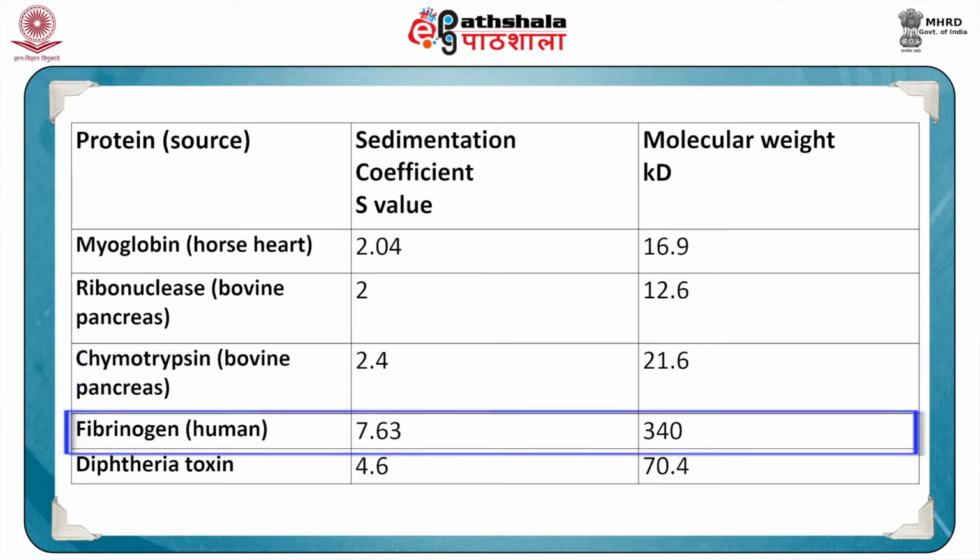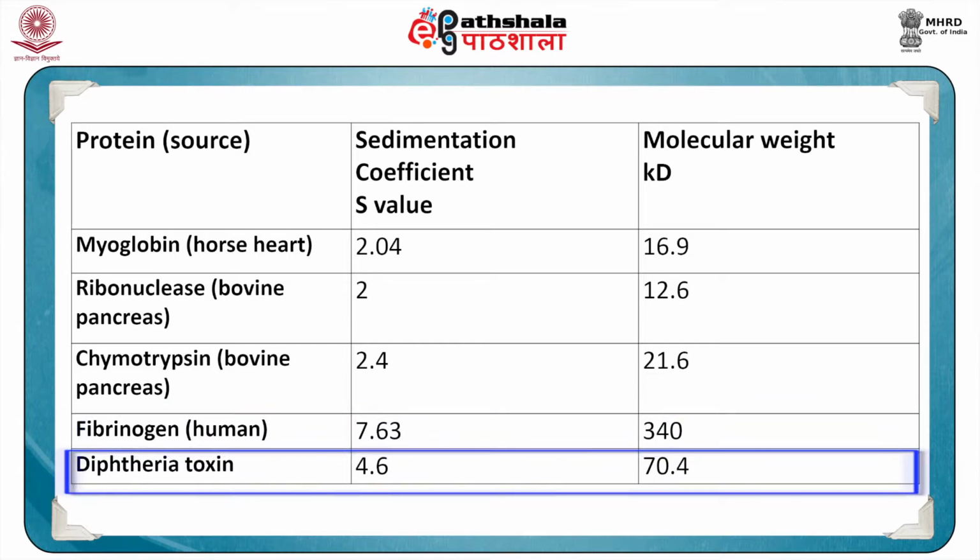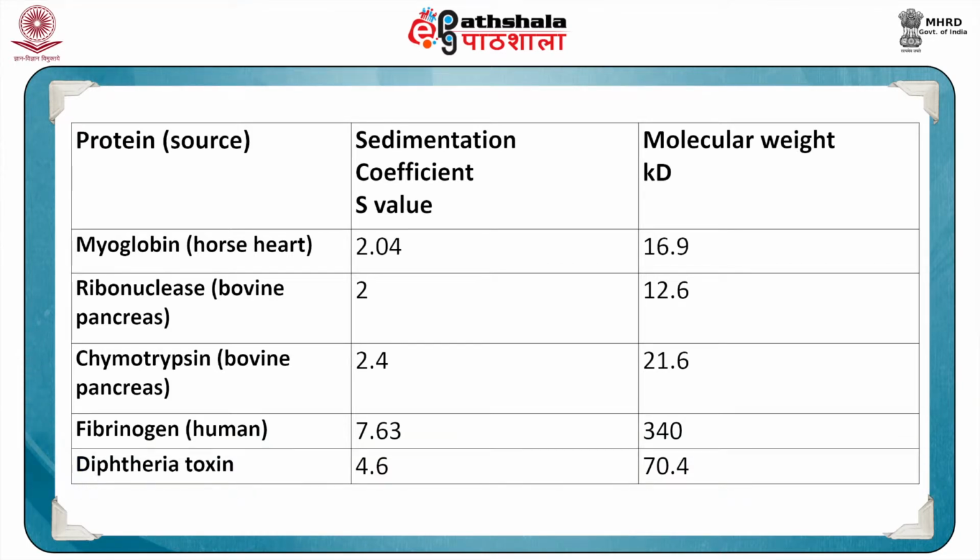Fibrinogen, the protein which is involved in clot formation, has an S value of 7.63 and a molecular weight of 340 kilodaltons. Diphtheria toxin, responsible for causing diphtheria, has an S value of 4.6 with a molecular weight of 70.4.